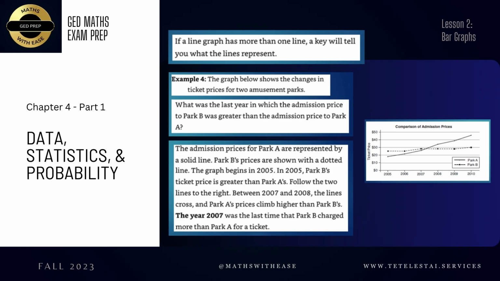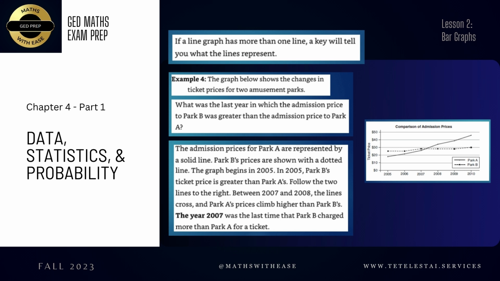The admission prices for Park A are represented by a solid line, as we've discussed. And then Park B's prices are shown with a dotted line. The graph begins in 2005 for both, right? We can see that both graphs have values right above 2005, so they both begin in 2005.